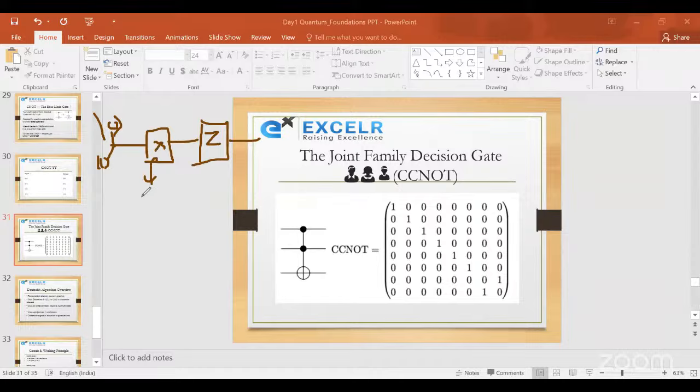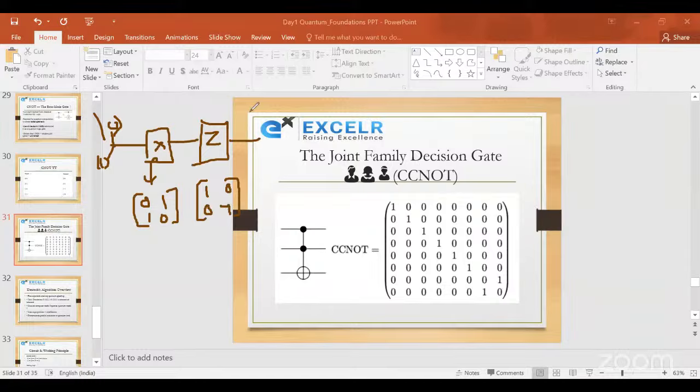The operation is from the unitary matrix. The X gate unitary matrix is the Pauli matrix 0, 1, 1, 0. This is the matrices for the X and Z gates, right?